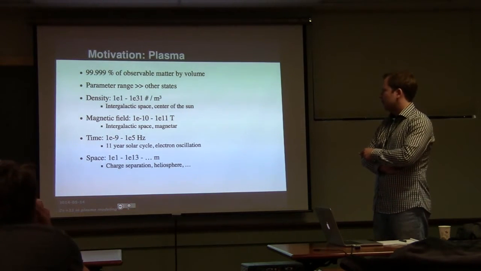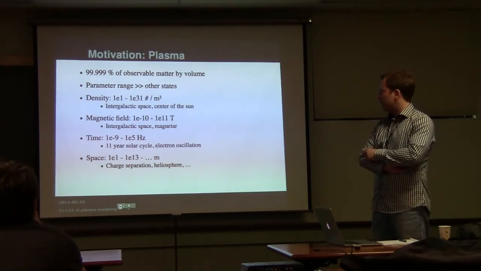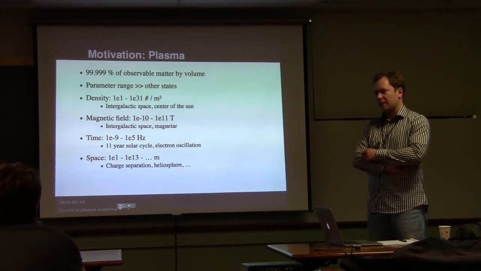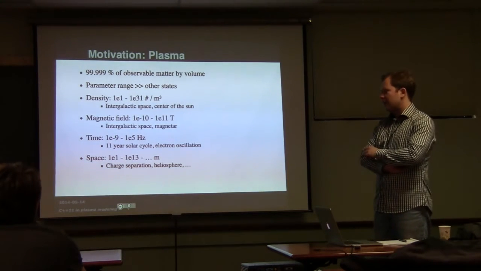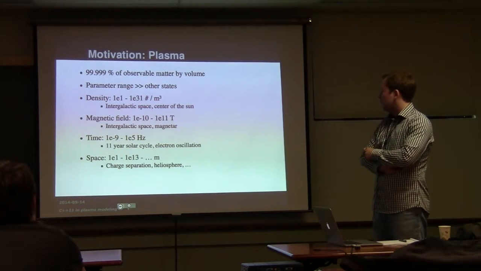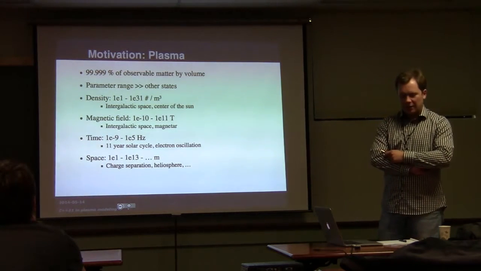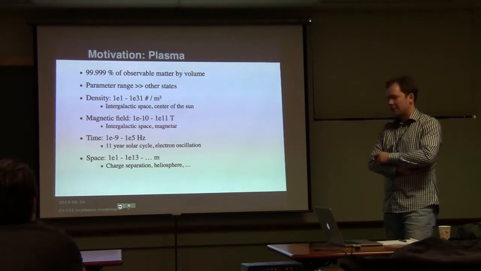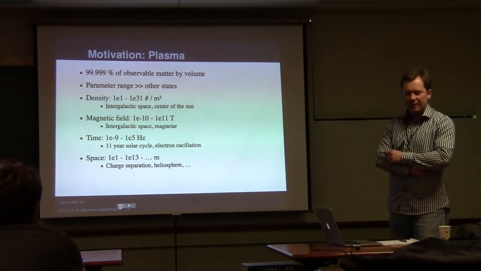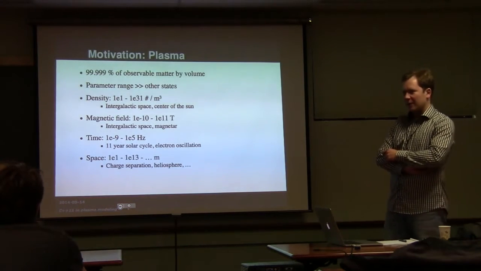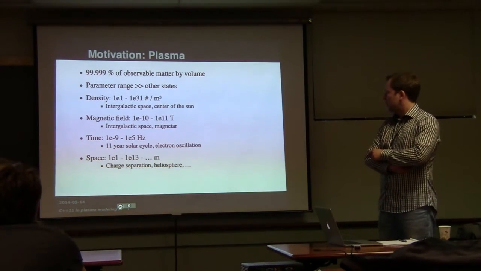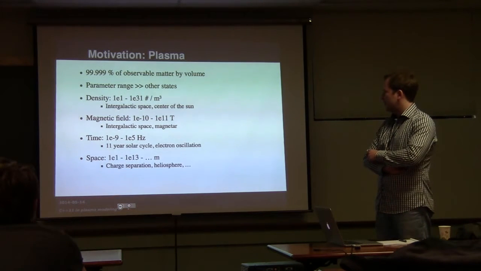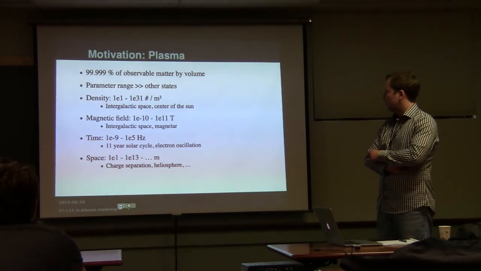And this also holds for other variables. For example, the magnetic field minimum is less than a nanotesla in intergalactic space, and on the other hand it's like 10 to the 11 Tesla in collapsed stars, which left a neutron star, and if it happens to have a very large magnetic field, then it can be 20 orders of magnitude larger than, for example, in near Earth space or the solar wind at Earth.